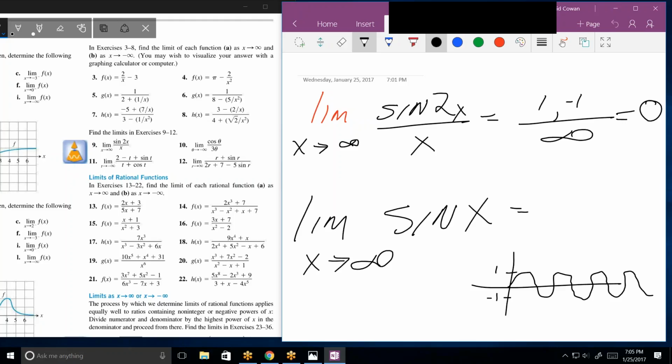Okay, give me 1 second. Because these are a little tricky when you have oscillating functions. The limit doesn't really exist. Although, when you divide by infinity, it changes things a little bit.